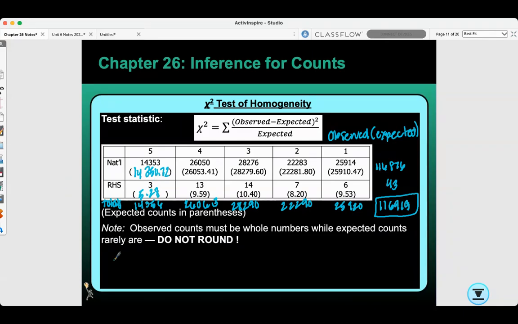Now you still need to find the chi-squared statistic here. So it's found the same way. So you'd have chi-squared equals, and we just start at our nationals that got 5.